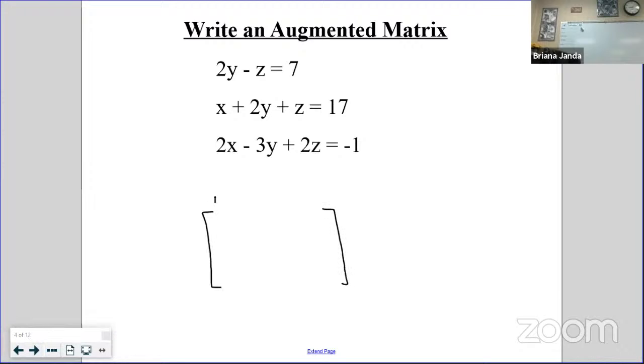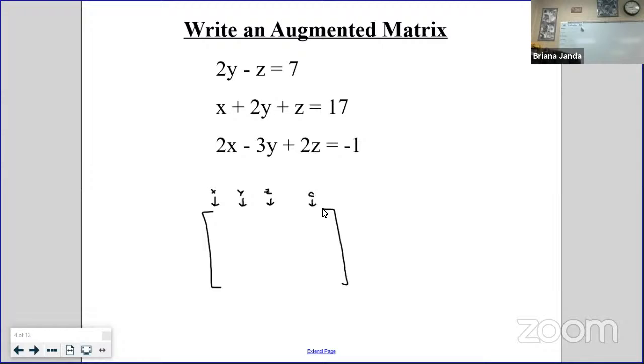This first column would represent the coefficients of my x's, my second column would represent the coefficients of my y's, my third column will represent the coefficients of my z's, and then my last column will be the constant that's on the other side of my equation. But if I'm missing something, what's the coefficient?